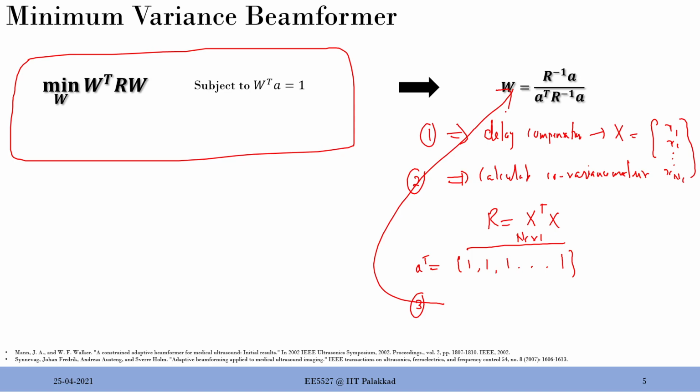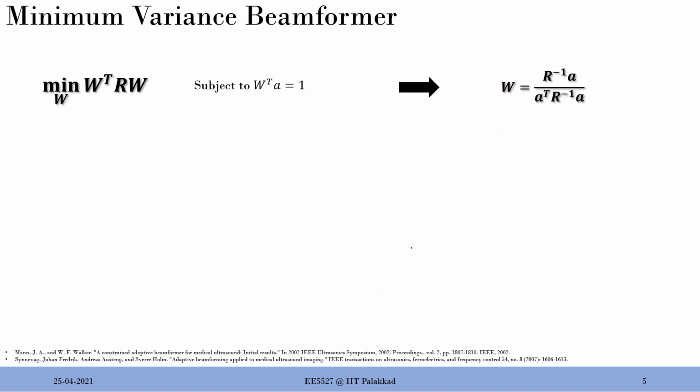And then of course the third step is to solve this equation. For each and every pixel, you need to repeat this process, and that's why it's a time consuming effort, because this W we can't determine a priori. We need R, that means we need the data to identify this. You just put in this expression, so the inverse of R. The inverse of R is actually not that easy a task. Those who studied linear algebra can understand that the inverse can create a lot of issues in your code.